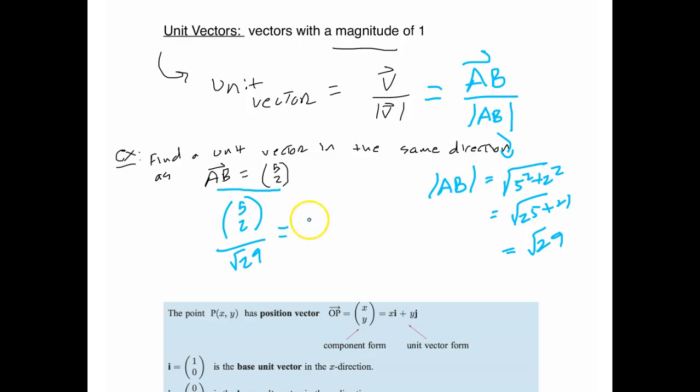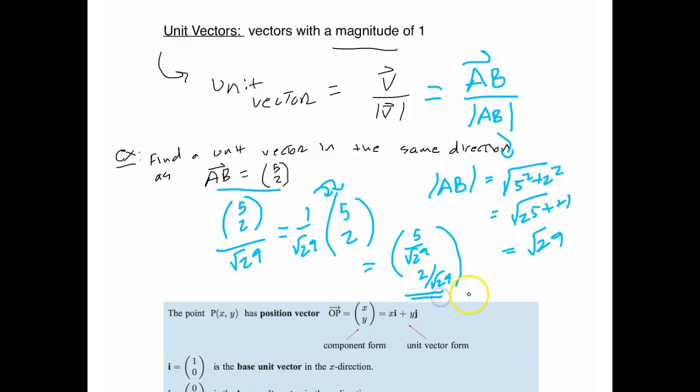That doesn't look really good. Let me write it like this. This is a little cleaner. You distribute to both of them. That distributes in. And you get 5 over radical 29 and 2 over radical 29. And that's a unit vector in that direction.